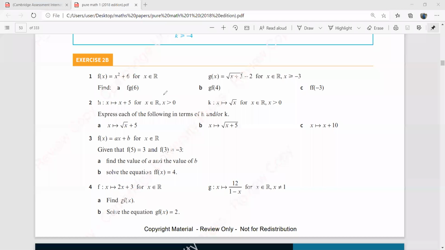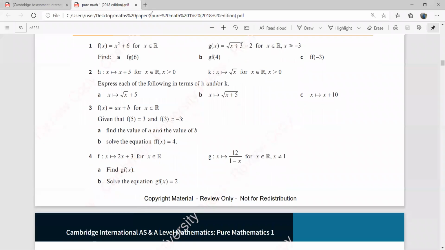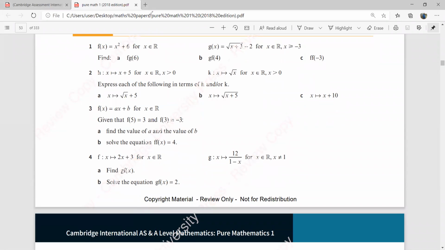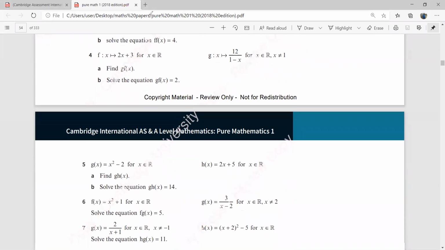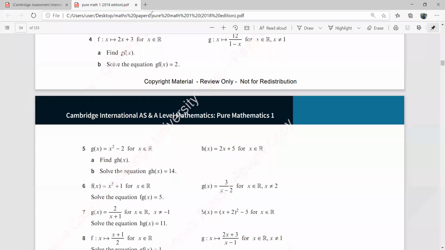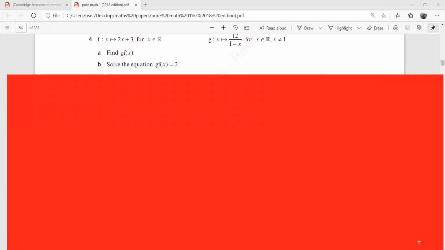So let's try these questions. The first question has f of x and g of x, and it says find fg of 6. I think before we do that, we should do question number 4. Let me make some space here first. Now you have this f of x, you have this g of x, and you have to write g f of x.